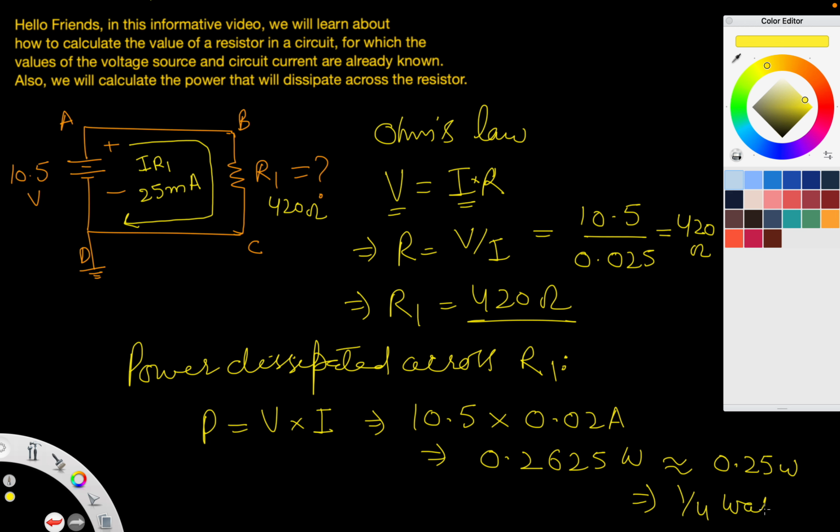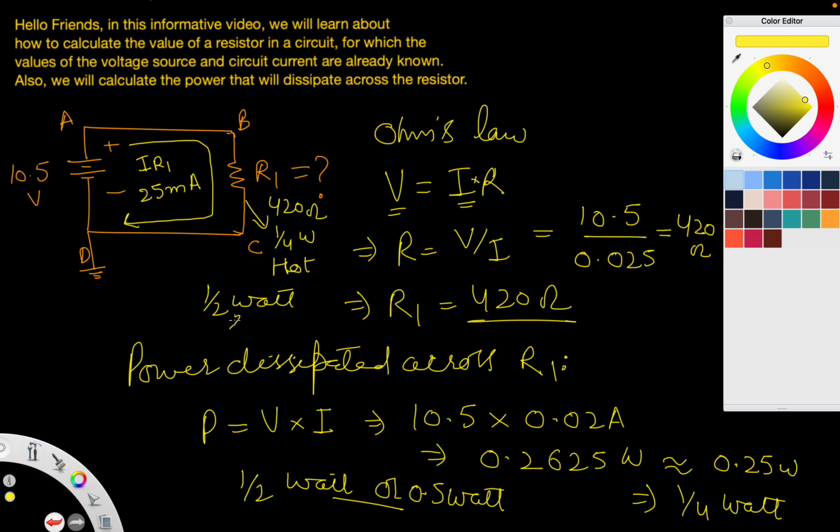This means if we keep the resistor rating at 1 by 4 watt, it will be very hot at this value. So we have to keep the power rating of the resistor more than 1 by 4 watt. We require at least 1 by 2 watt, or 0.5 watt value of resistor here.